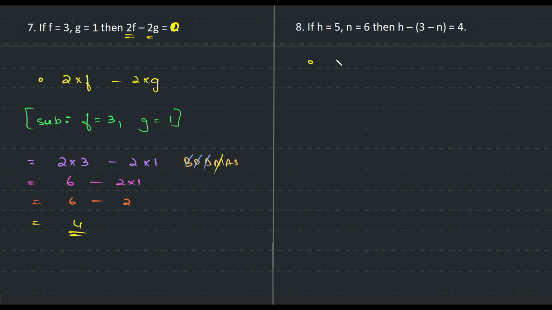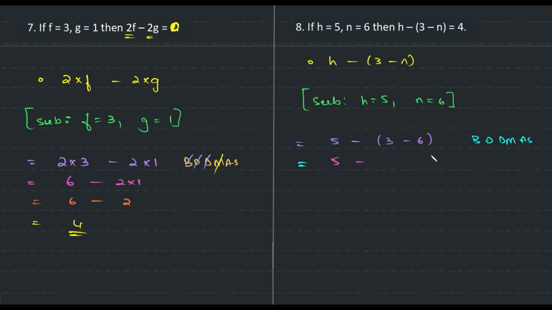Okay, over here, I think this is also to do with BODMAS. So let's see why we end up with 4. So let's substitute h as 5 and n as 6. So in place of h, I'm writing 5 minus 3 minus 6. So according to BODMAS, so we have brackets.